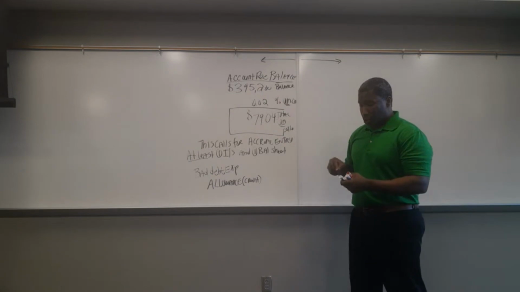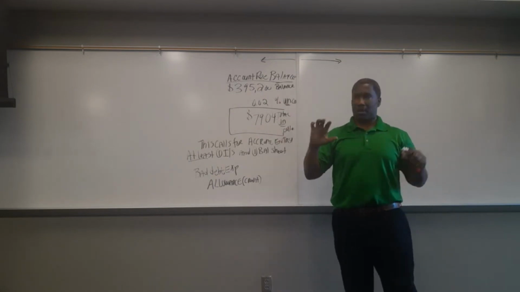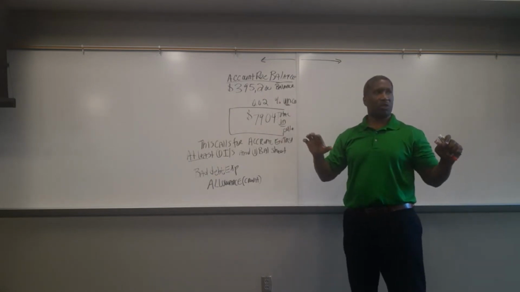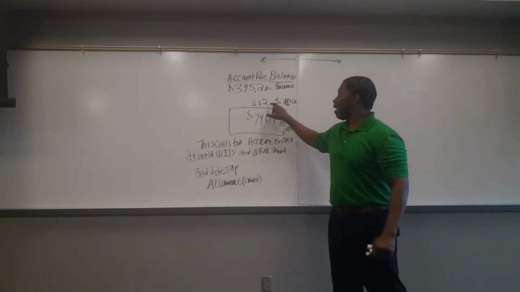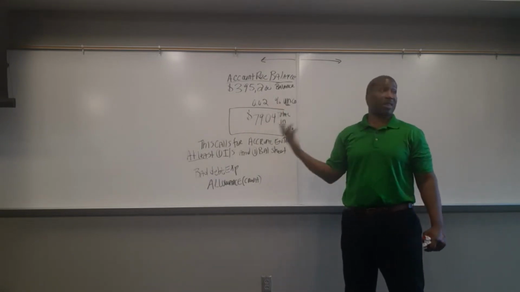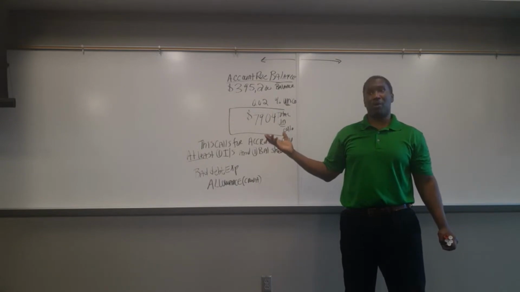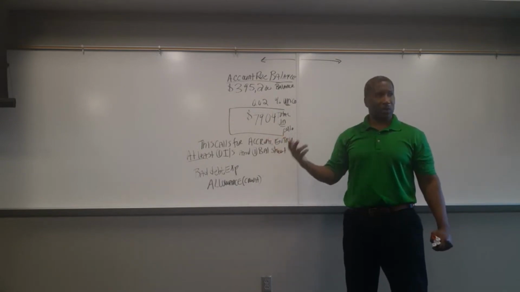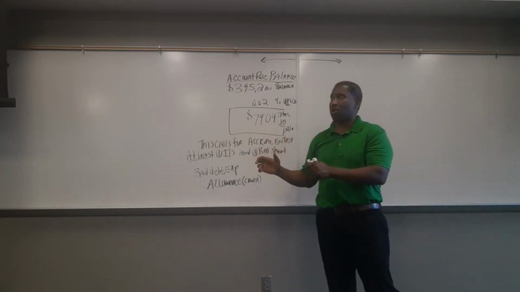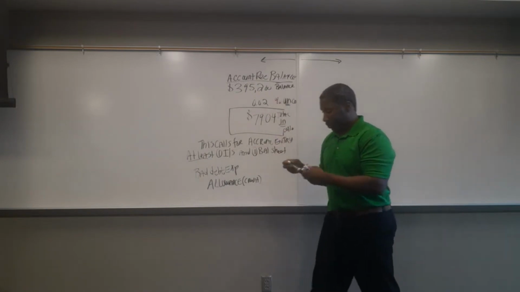The thing about this 2%, in real life it can change, but we're just assuming that you should never have more than 2% uncollectible. I think that's reasonable, right? If you have more than 2% uncollectible, you might start doing other stuff, but there are some businesses that may have a little more.